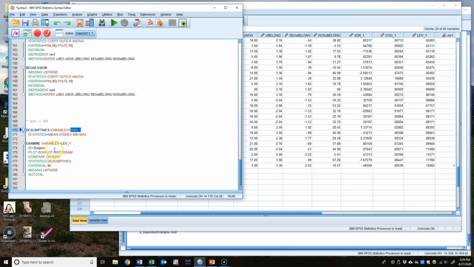And for Cook's D, a threshold or benchmark given as a guideline is going to be 4 divided by the number of cases minus the number of predictors minus 1. In our case, that's 4 divided by 220 minus 5 minus 1, which is going to give us a value of 0.019.